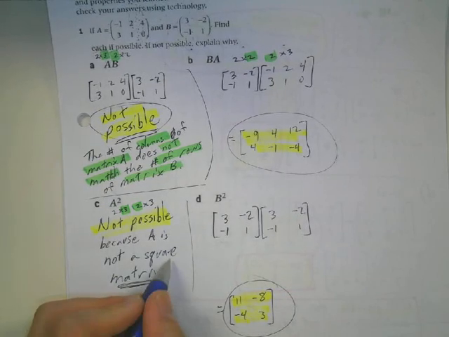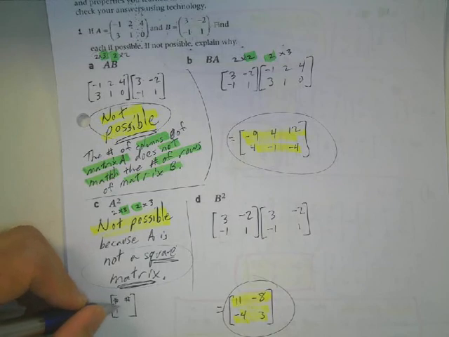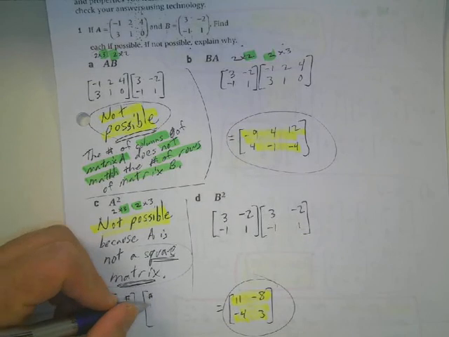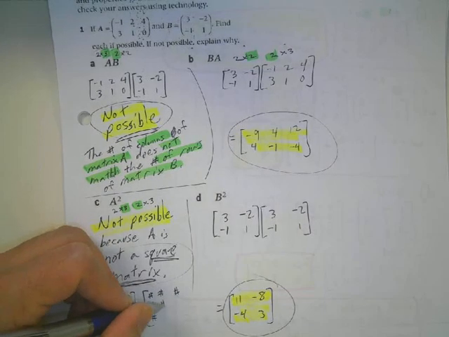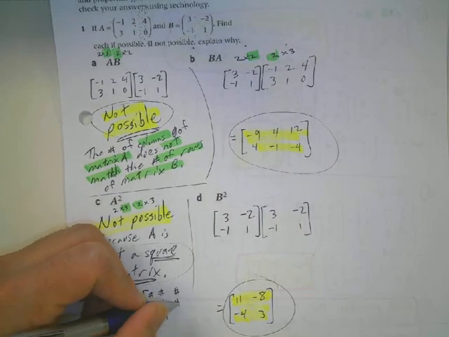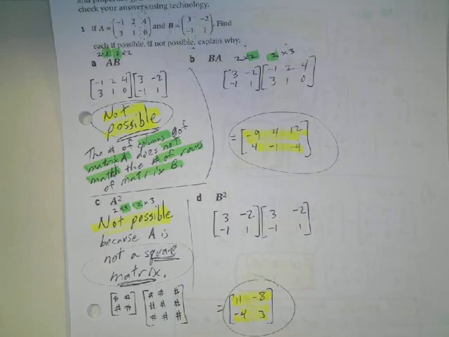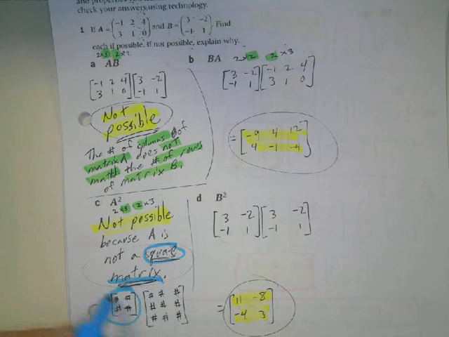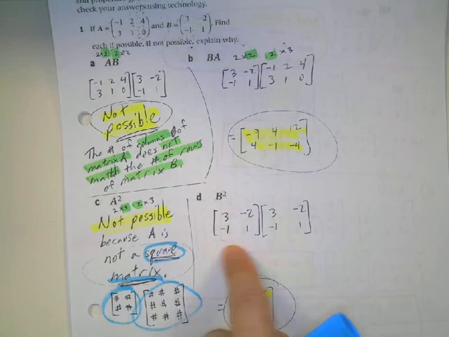It needs to be either a 2 by 2 or a 3 by 3, or 4 by 4 or 5 by 5 or whatever. So it needs to be a square matrix that would look like this. Okay, so matrix B squared is if I got this and this, and like I said, you just type it into your calculator.